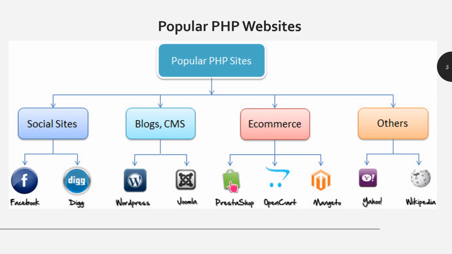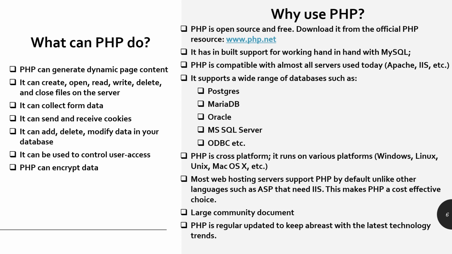So many websites are developed, but these are the popular websites developed using PHP: Facebook, WordPress, Yahoo, Wikipedia and all.